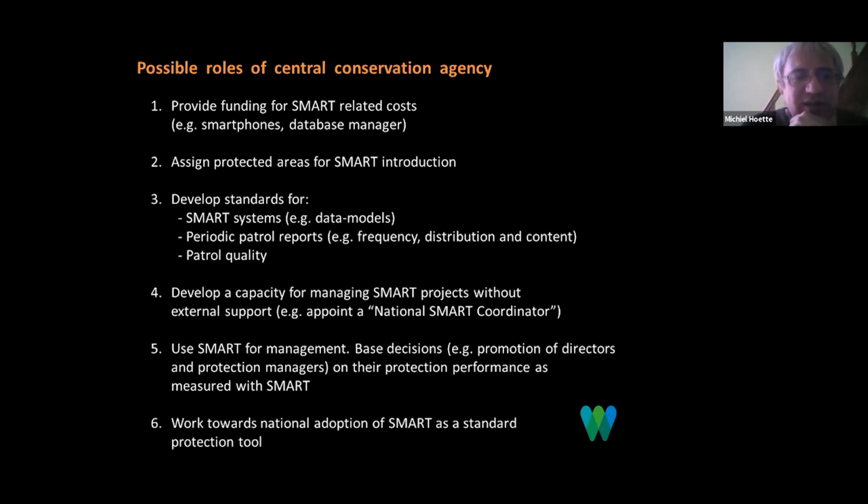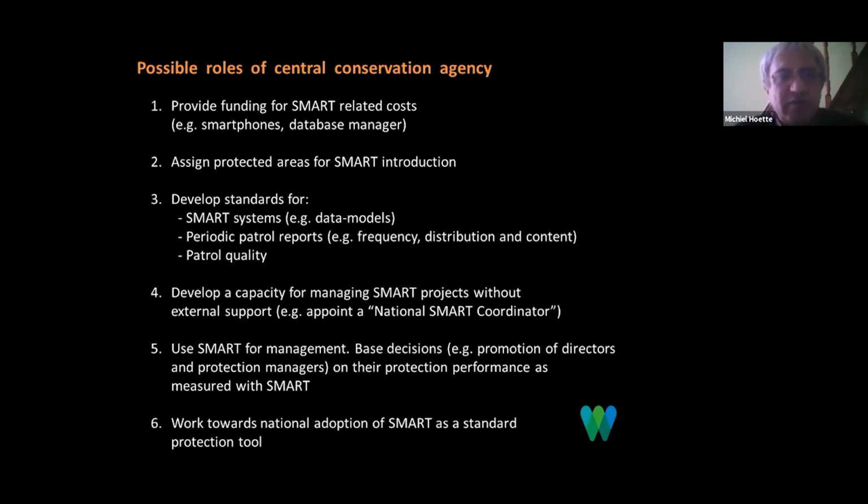And what I think is good, for starters, is to engage with the central agency and to make them aware of what they could do to promote SMART and to make SMART successful at the sites where it has been introduced. The most basic thing they can obviously do is pay for the hardware that is required, but also for the database manager.